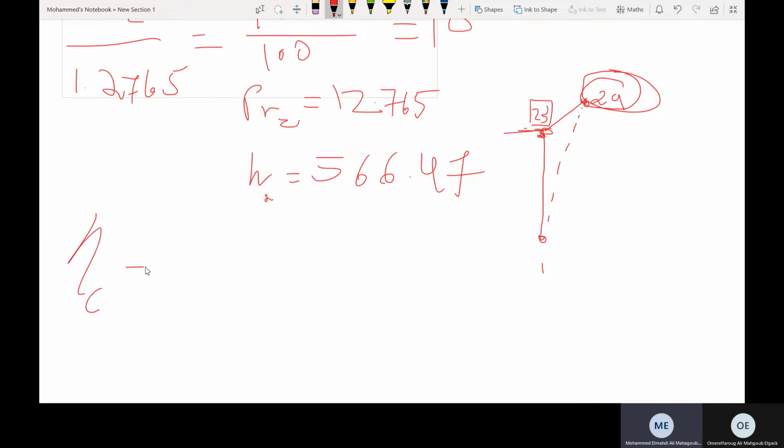The isentropic efficiency of the compressor is equal to H2S minus H1 over H2 actual minus H1. Now substitute H1 here and here, which was 293.17.